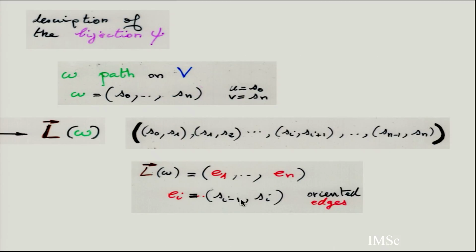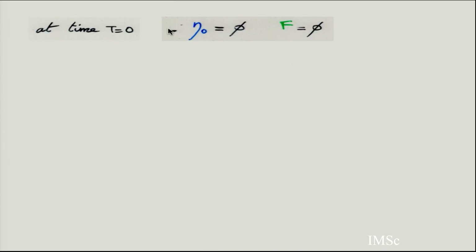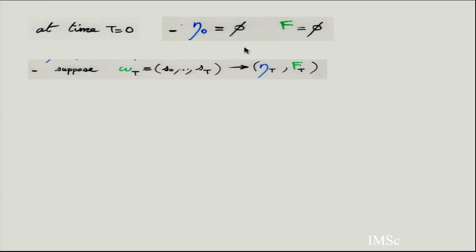This is the analog of the first bijection. So you start with the trail in blue, which is above, and the heap is empty. And then suppose at a certain time t, you have a pair: a trail and a heap of oriented loops.